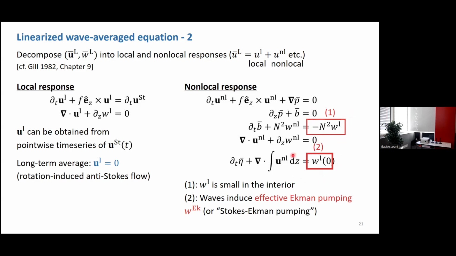And the main forcing term is this one. This is the vertical component of local velocity at the water surface. And it is induced by the horizontal convergence of the local response. And this can be understood as the effective Ekman pumping.